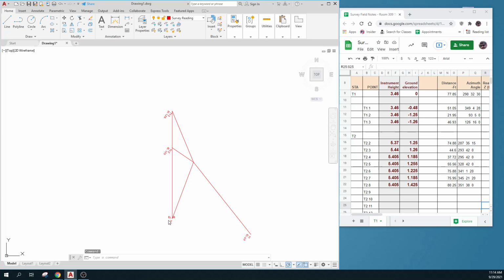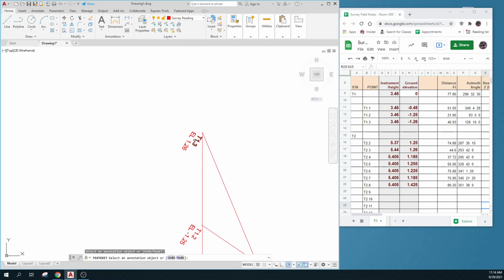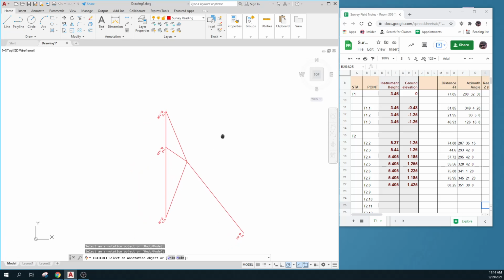This one has an elevation of minus 0.48. This one has an elevation of minus 1.25. And this one has an elevation of minus 1.26. Okay, and that's how I get my actual elevation.